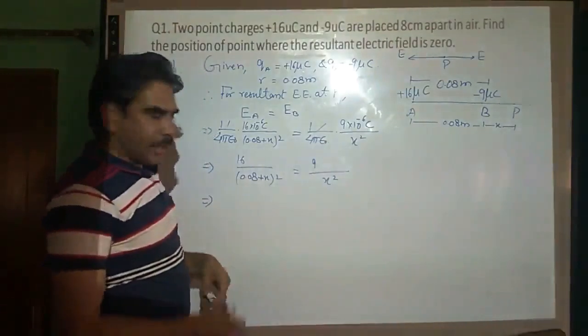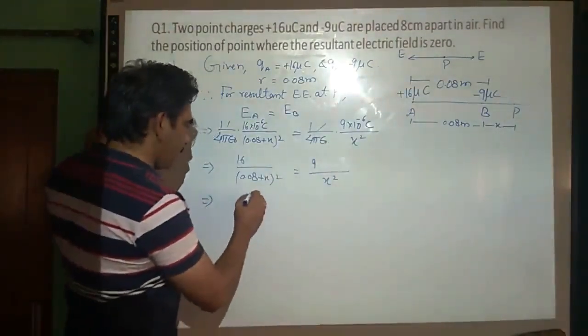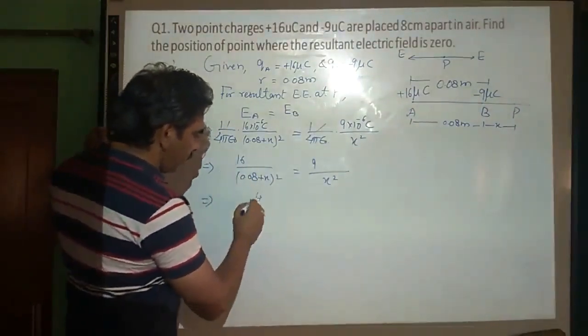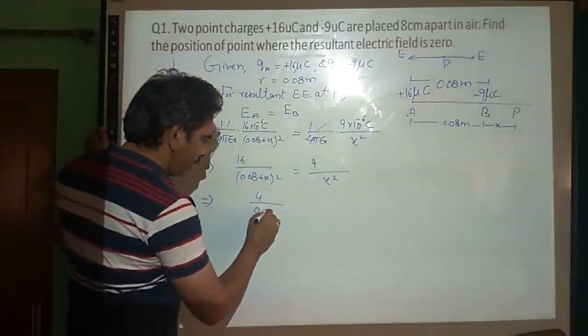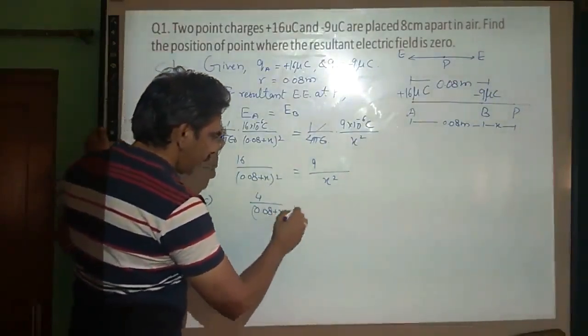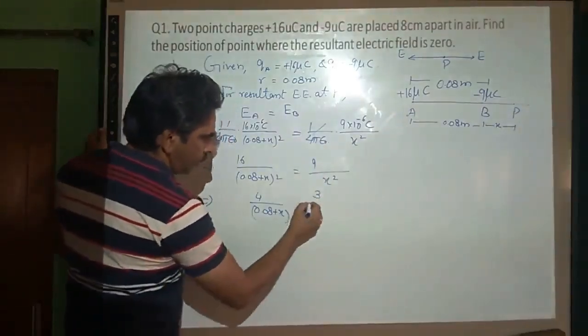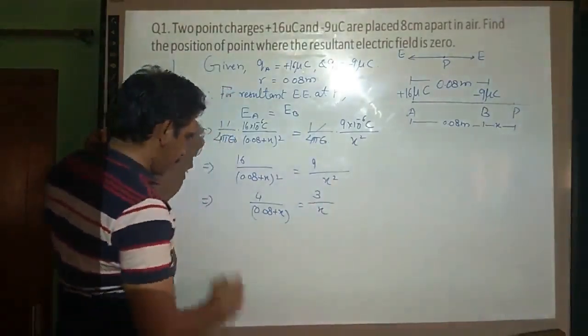Now the simplest thing we can do is to take the square root on both sides. We are doing just mathematics. So when we take the square root, 4 divided by the square root cancels this square, so it is left with 0.08 plus x. And on the right side, taking the square root, 9 reduces to 3 and it is x in the denominator.